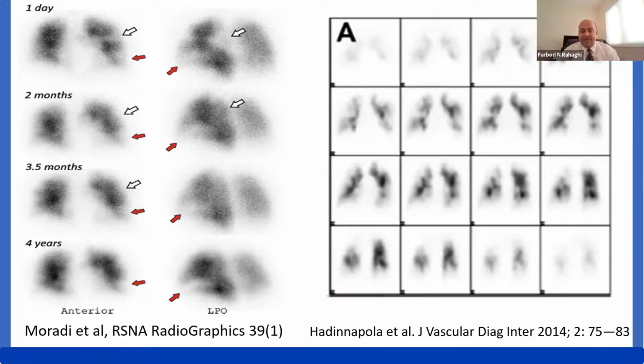On the panel to the right, what you are seeing is a perfusion scan from a patient with CTEPH. The different frames are just different times in the acquisition of the scan, where you see the tracer first appear, and then it peaks and then sort of gets washed away into the circulation.